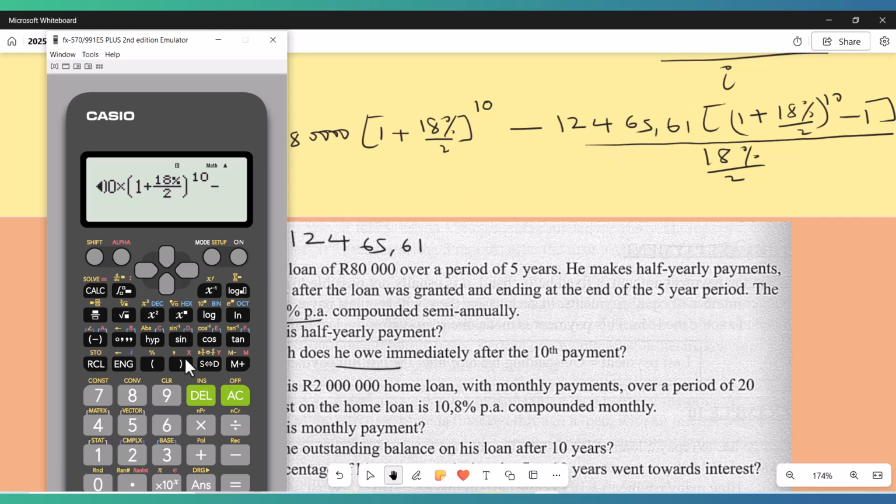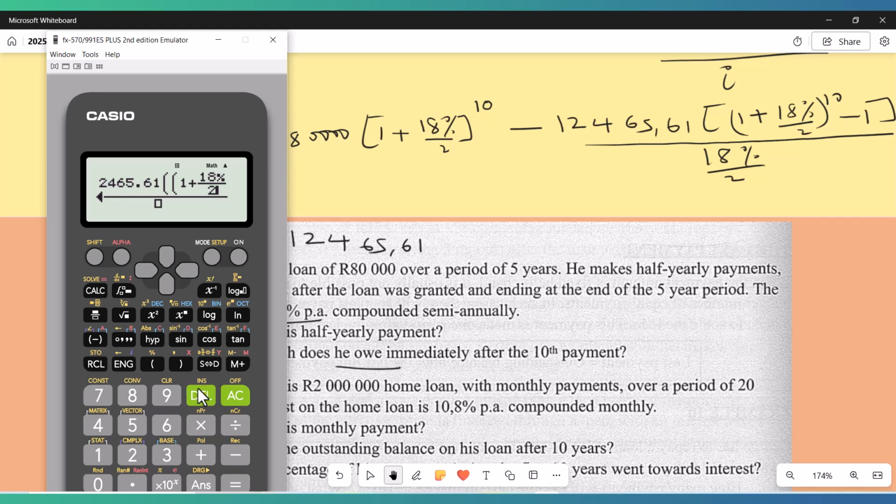Don't forget, that's 12465, comma 61. Are we together? Open bracket, then 1 plus, bracket, fraction button, 18% divided by 2. Why? We are compounding semi-annually. Don't forget, guys.